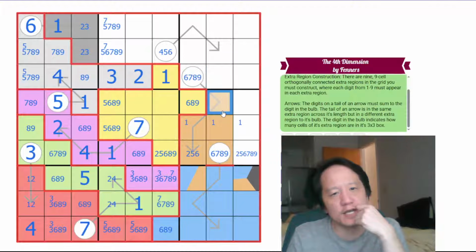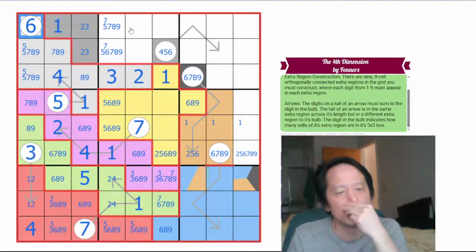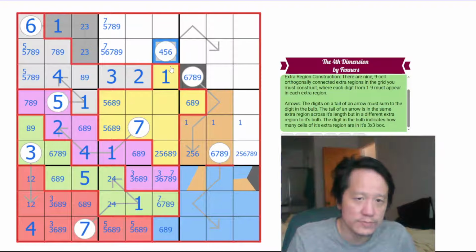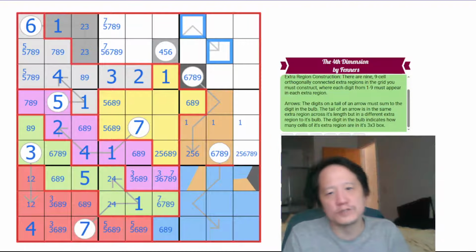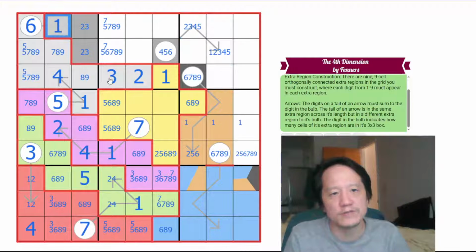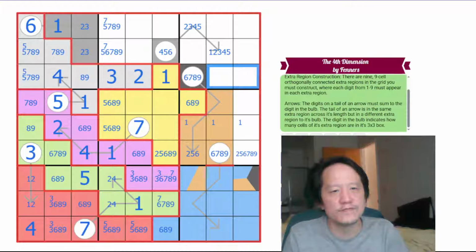Therefore, it can't be orange, it can't be blue, it has to be part of the dark region. So this is dark, which makes this medium. So these are the digits 1 through 5, but 1 can't be here because of this one. This is 5 through 9 here.